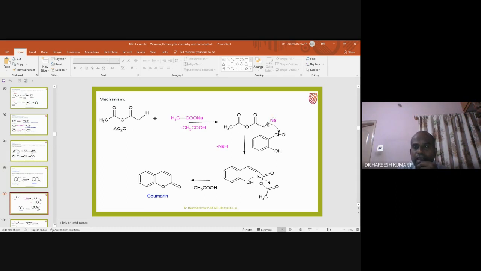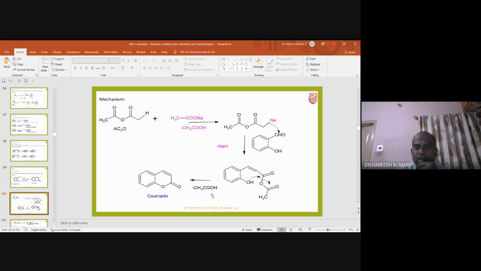So this anion attacks the electron deficient carbonyl carbon and then OH and H go out as a water molecule. NaOH is the leaving group, and there will be an intermediate formation like this. Now the lone pair or the bond pair will attack this electron deficient carbon, and this bond pair means acetate.